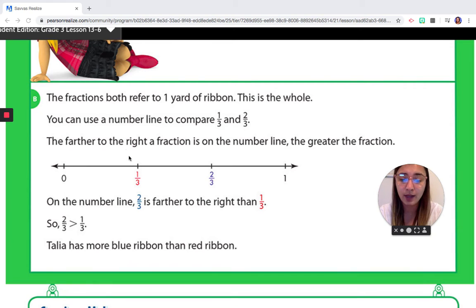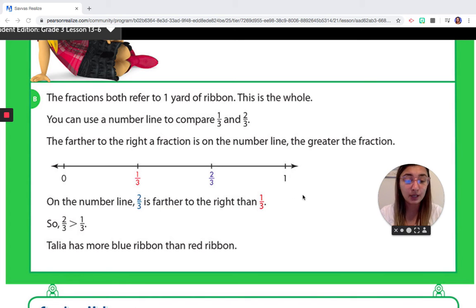You can see here we have 1, 2, 3 equal parts for the denominator, and they labeled them 1/3, 2/3, and we know our whole, if it was a fraction, would be 3/3. So it wants to know which one is more. Super simple, guys. Whichever fraction is closest to the whole or closest to the right, so closest to our whole, here's 1, is greater.